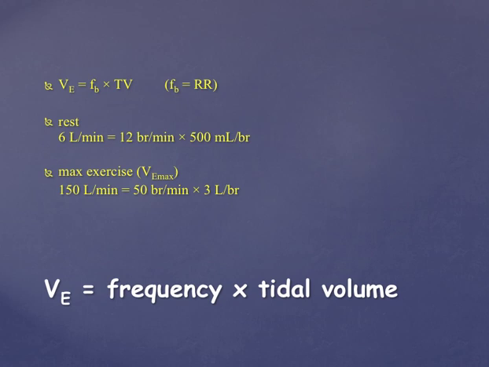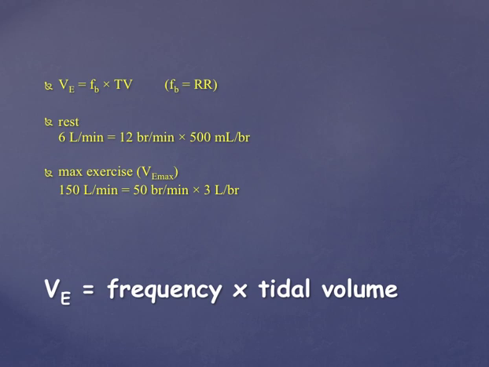Now, the values on the right-hand side of the equation are optimal values, not maximal values. You can breathe faster than 50 breaths per minute. It would be like panting. And you can have a tidal volume greater than 3 liters. Big, deep breath in, deep breath out, more than 3 liters.